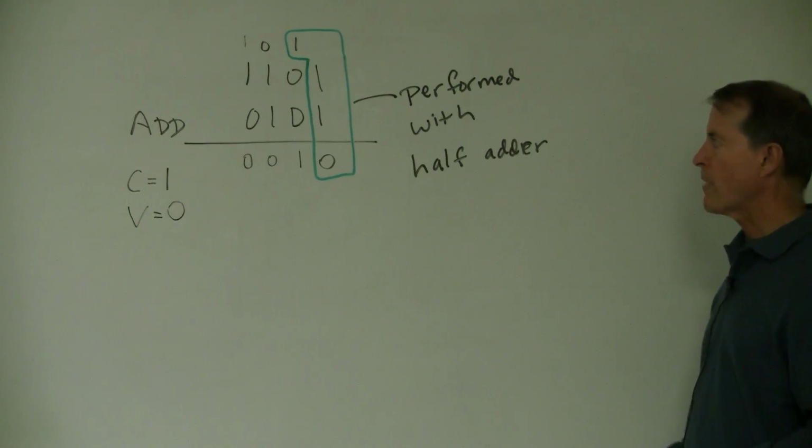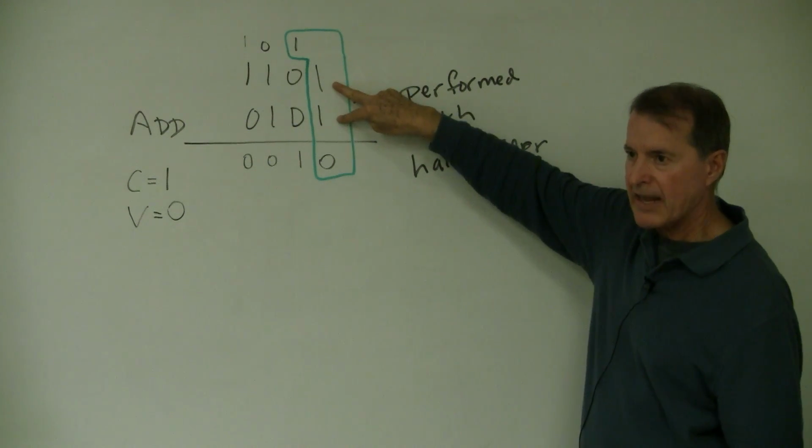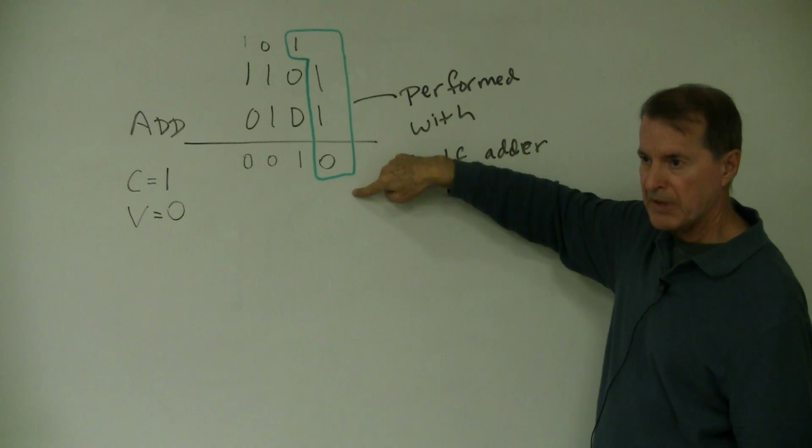So how many inputs does a half adder have? 2 inputs. And how many outputs does it have? 2. Is everybody with me on that?